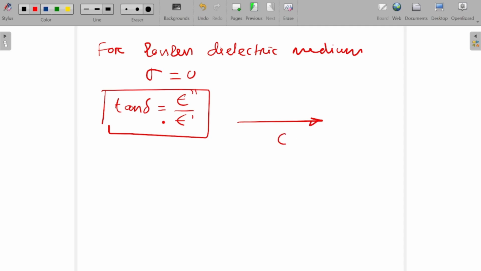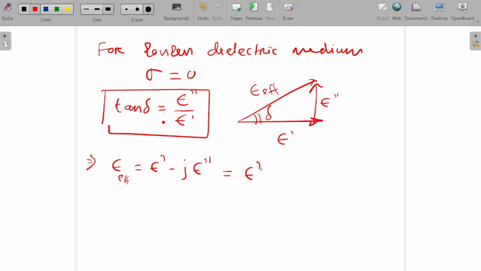If this is your epsilon and this is your effective epsilon, with an angle of delta, applying this we can write the effective epsilon, for a lossless condition, as epsilon dash minus j epsilon dash tan delta.